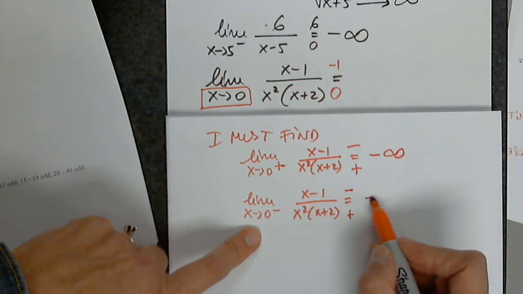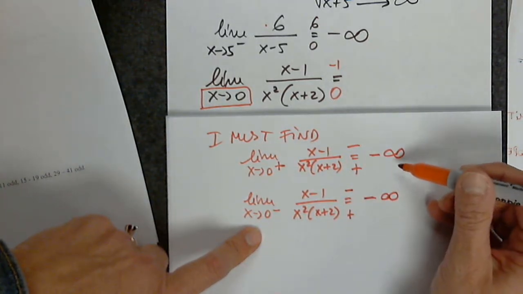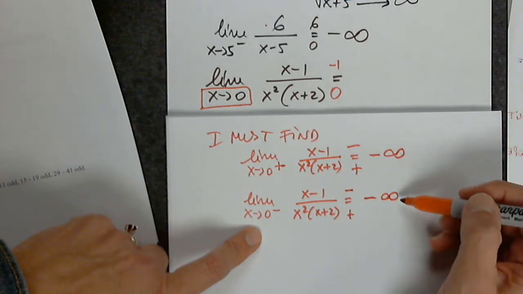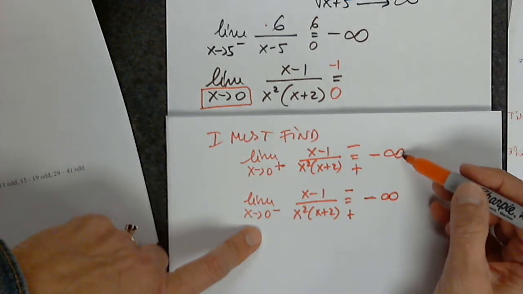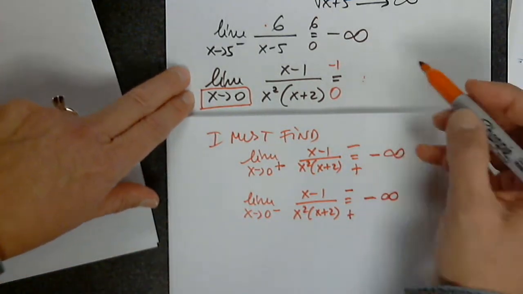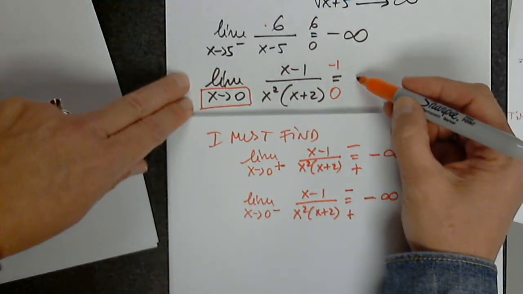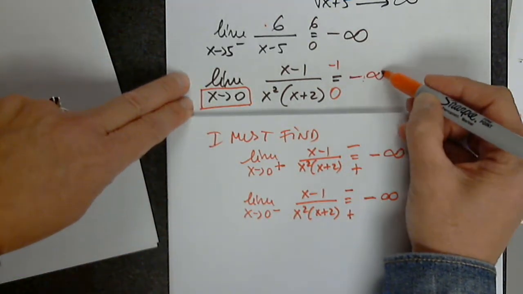So the answer also happens to be negative infinity. Both are the same. If this were positive and this negative, or if they were not the same, I would have said here D and E. But since left and right are the same, what will I write here? Negative infinity.